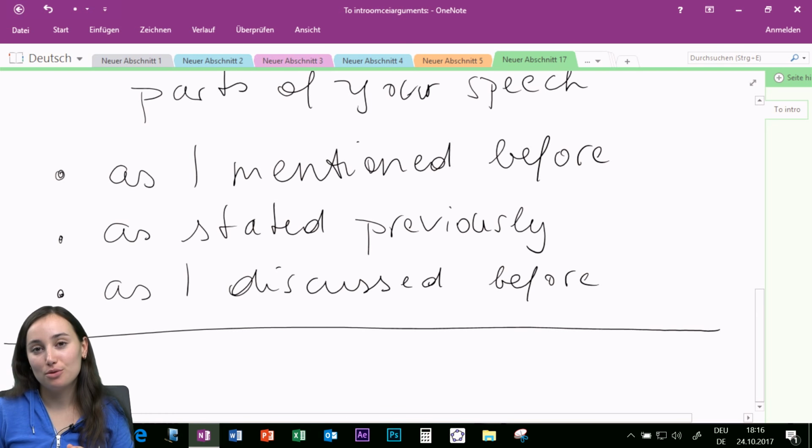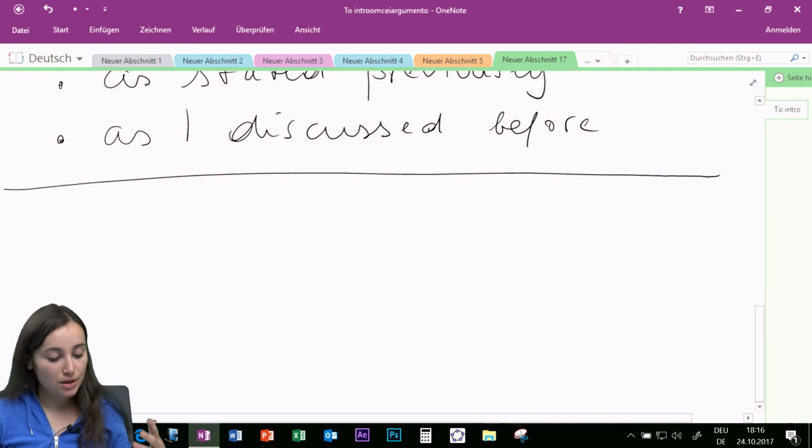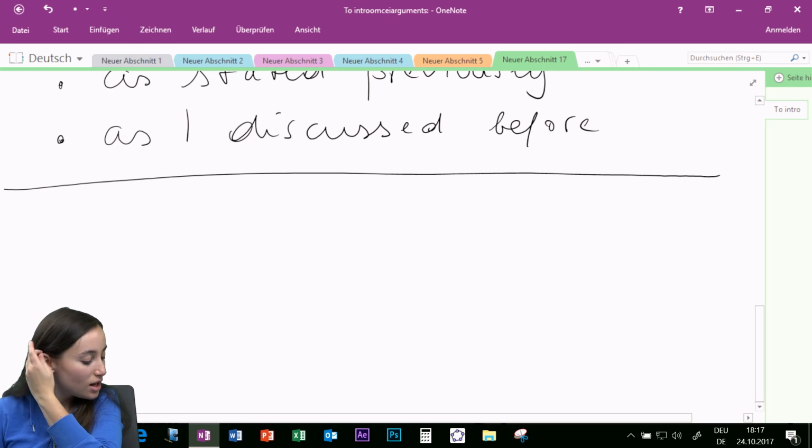I'm giving you 3 to 5 signposts or words for each category in order for you to use these in the proper sense, how they should be used. Because I think there are a lot of signposts or different words which you could use, but sometimes this is also a disadvantage because you feel lost.